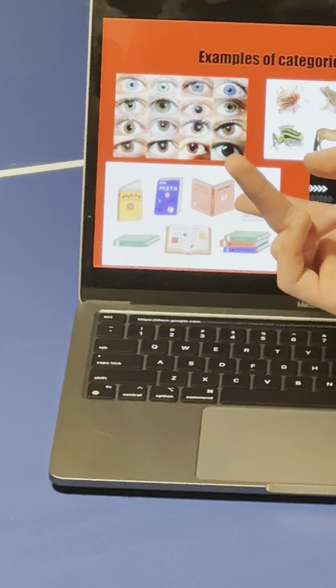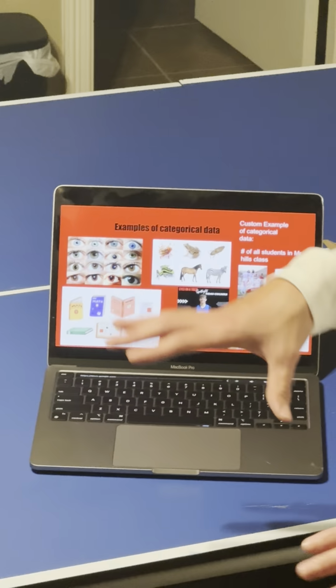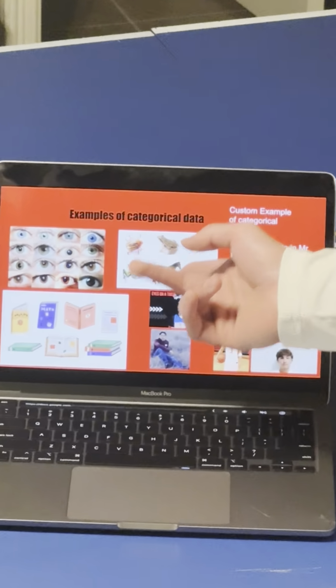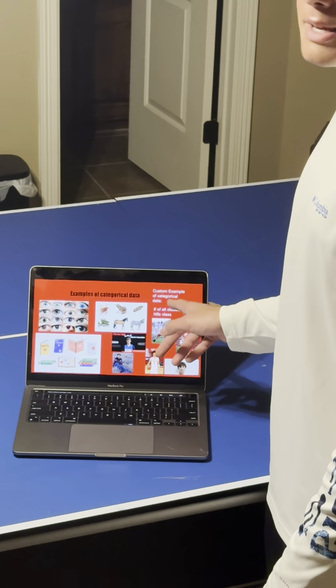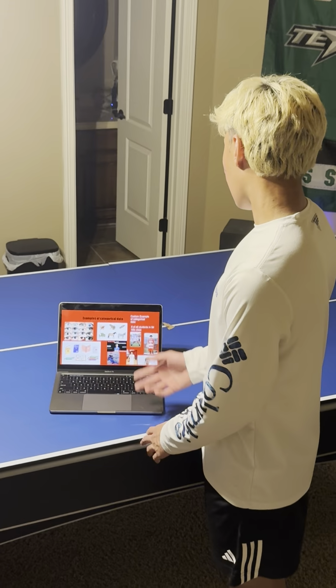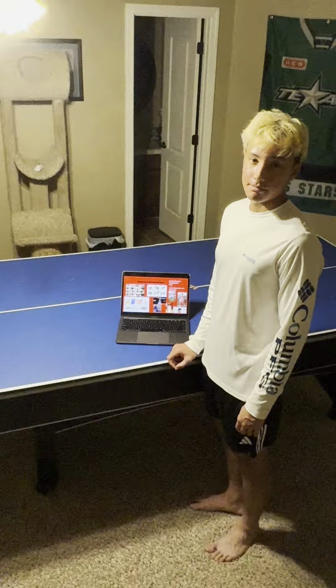Another example would be school subjects or books of school subjects. For example, you can't have half a book, you only have one full book. You would have one full animal, but you can't have half an animal. You could have half a number, but not half an animal. And the custom example of categorical data, which I made, is the number of all students in Mr. Rose's class. You can't have half of Gino, you can only have all of Gino. Any questions?